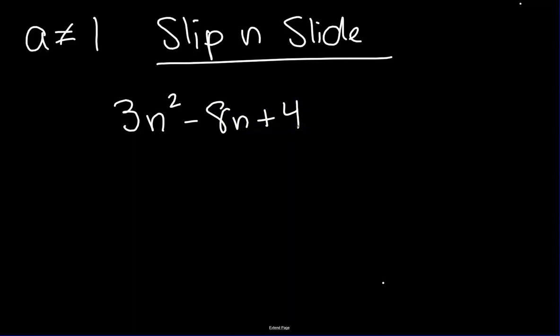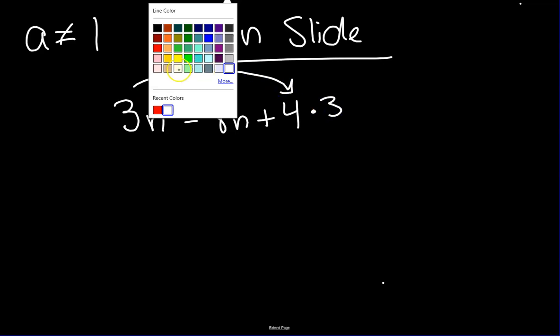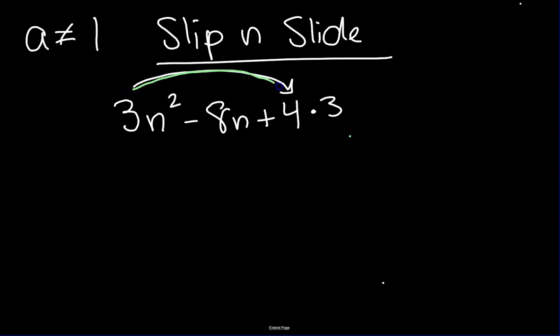Okay, so this time my a value is bigger than 1. It is not 1. It is 3 actually. I'm going to slip the 3 to the end and multiply it. Okay, so we've slipped my 3 down, and multiplied it on the end, which means now we have n squared minus 8n plus 12.